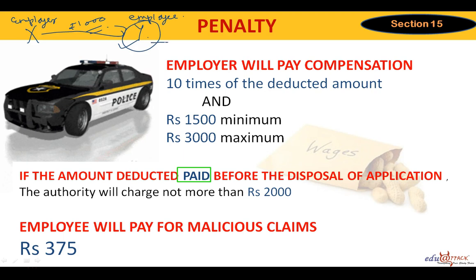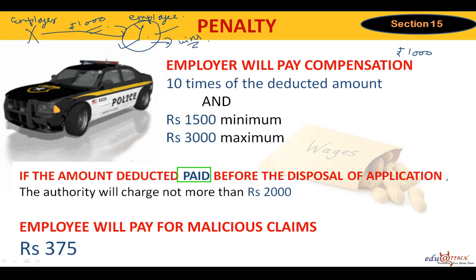He files a suit in a labor court or tribunal, or as the authority may be. He files the suit in the authority, and suppose Y wins the case. Y wins the suit. Now the employer will pay compensation for that illegal deduction. Here rupees 1000 is the illegal deduction.